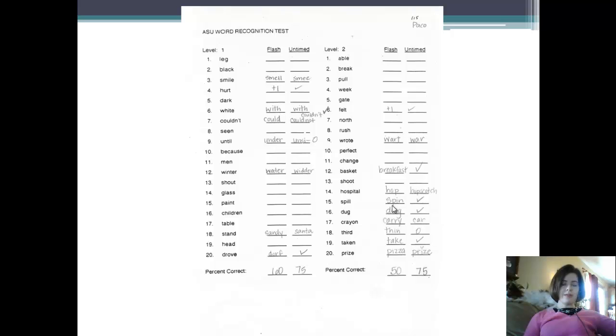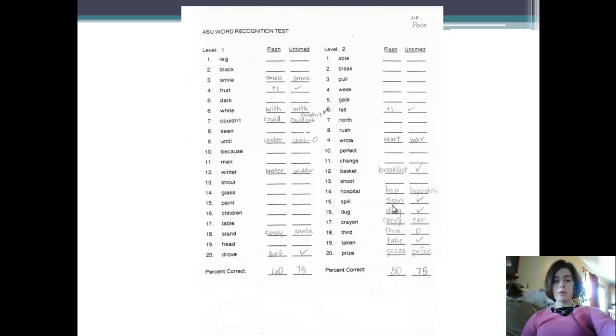I could give you the formula for that, but essentially you count up the number that the student missed, you multiply that number times 5 because there's 20. 20 times 5 is 100, and we're trying to get a percentage. So the number they missed times 5, and then you take that number and subtract it from 100.